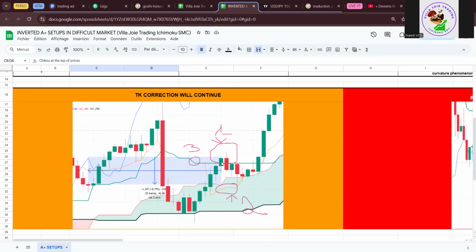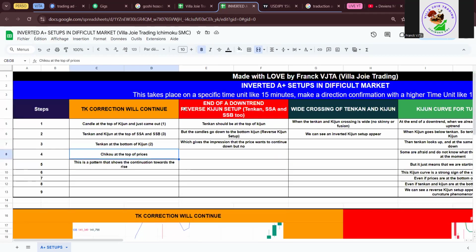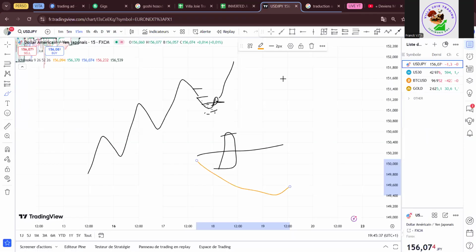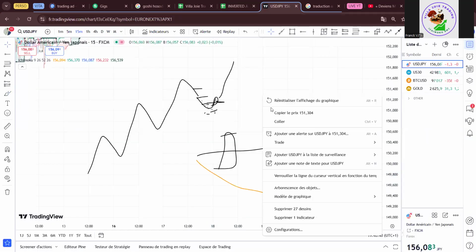For this green candle, I took the ruler and I saw Chikou above the price at this point. So it's a setup that shows you that we are about to go to the upside. This is a pattern that shows the continuation toward the uptrend.